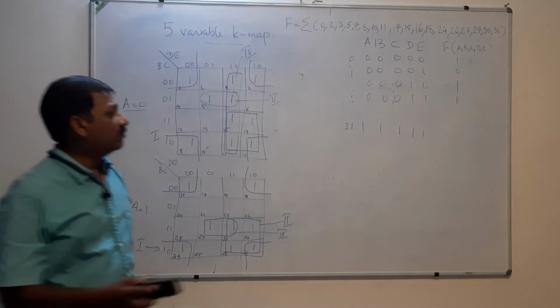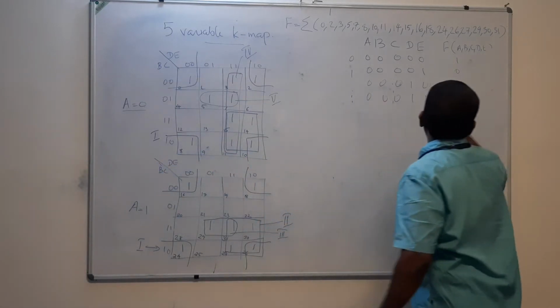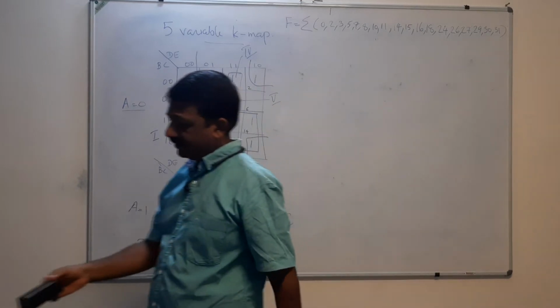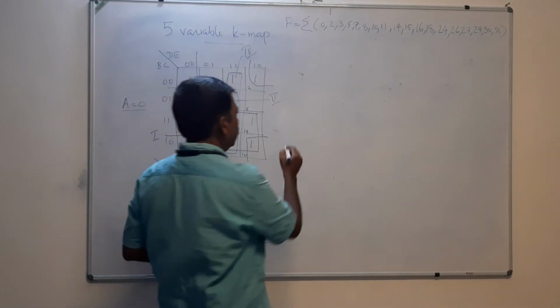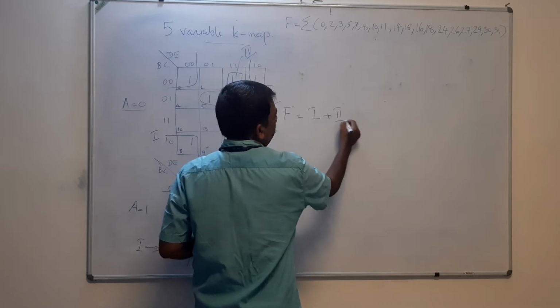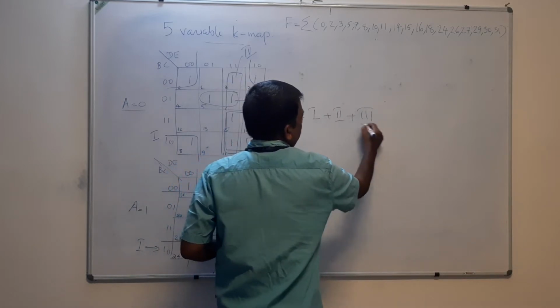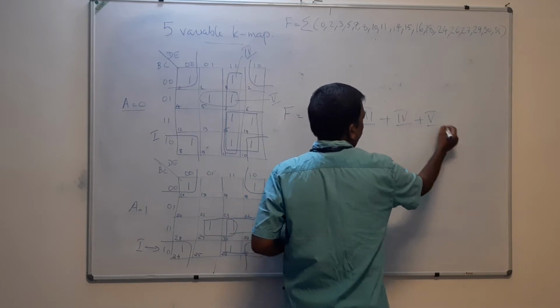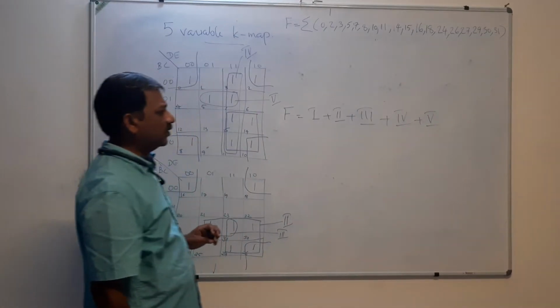So how will you generate the equation from this? Actually, the function is 1 plus 2 plus 3 plus 4 plus 5.